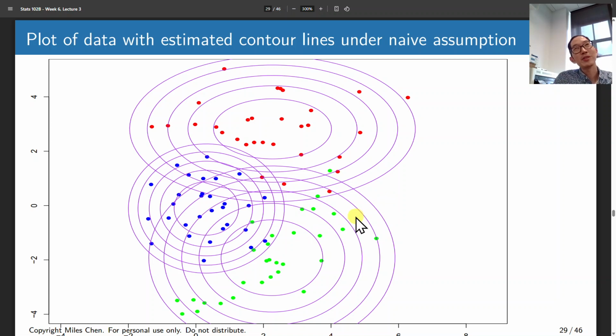But it turns out, even though it does a terrible job of estimating this green distribution because we're assuming no covariance, as far as a classifier goes, its performance is actually okay in a lot of situations. So in a lot of situations there is covariance, but even if you ignore the covariance, it turns out classification performance is not so bad, okay?